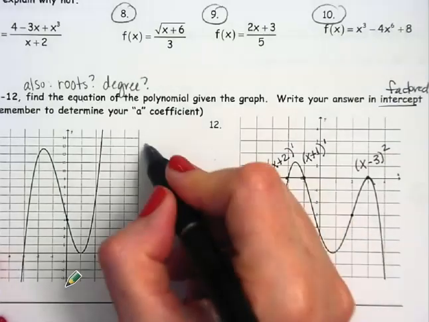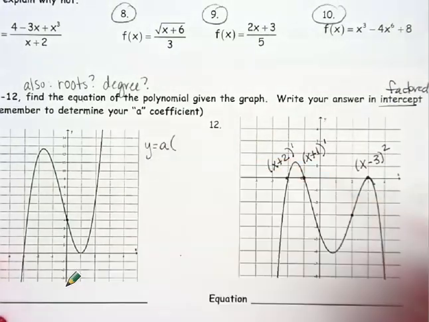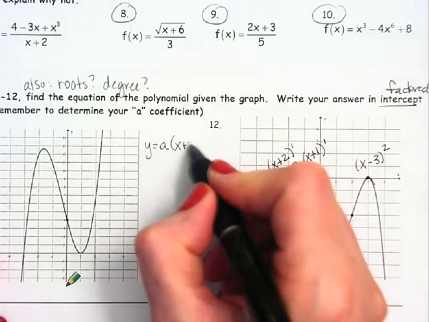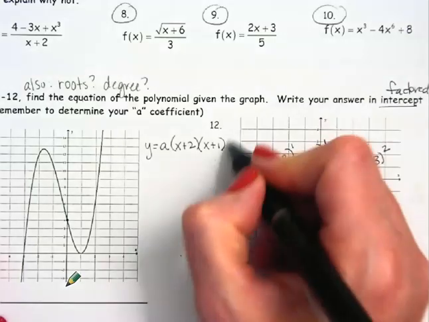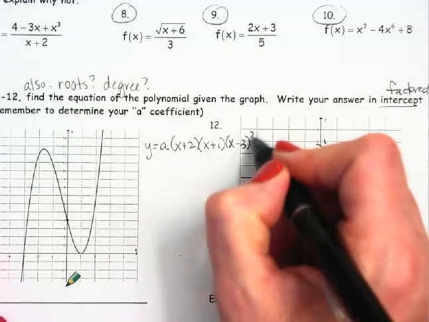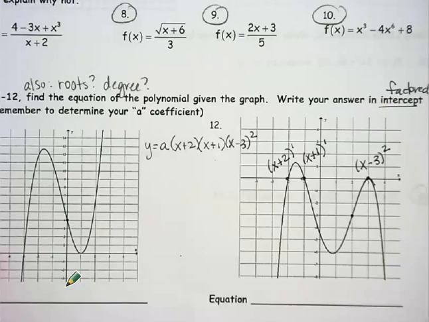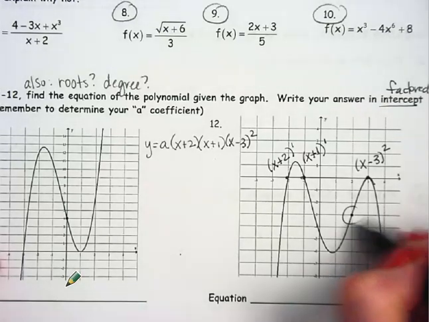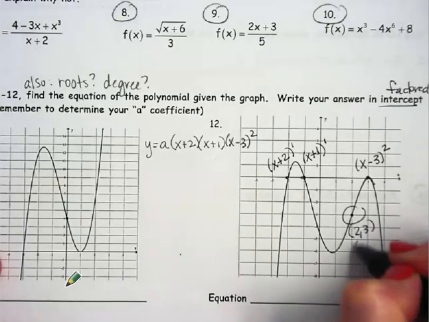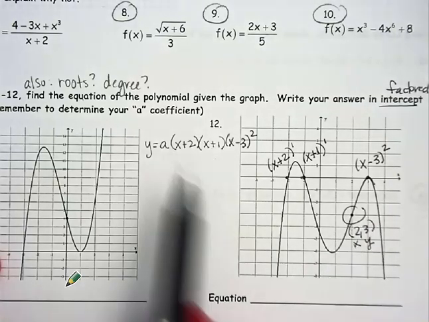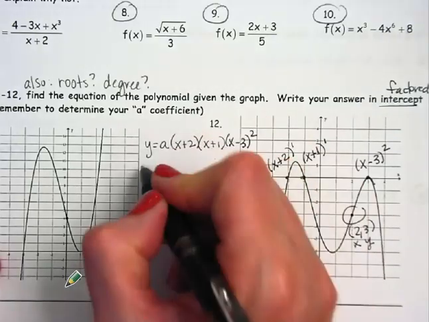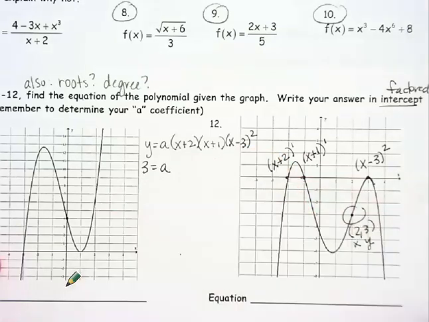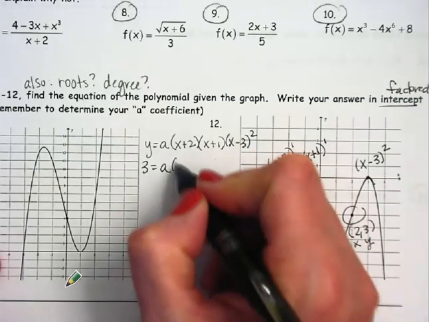So we can set up our general form with our A placeholder, x plus 2, x plus 1, and then x minus 3 squared. And then to figure out what the A value is, we're going to use this given point right here. That's at 2, 3. That's an x and y value, and we're going to plug those in wherever we see x and y. So I'm going to put 3 for the y and 2 for all the x's.